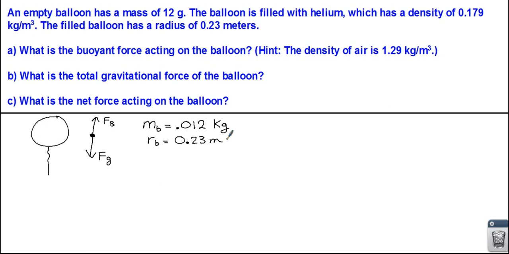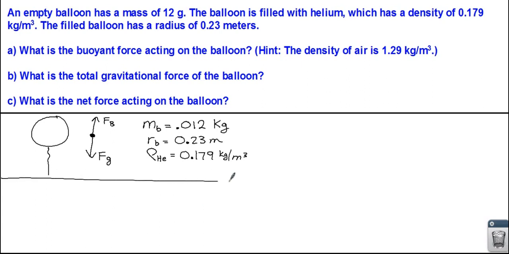And we also know that the helium has a density of 0.179 kilograms per cubic meter. Okay, so we have a lot of things written down here, so let's see what we can do.